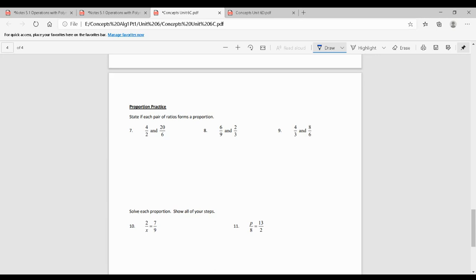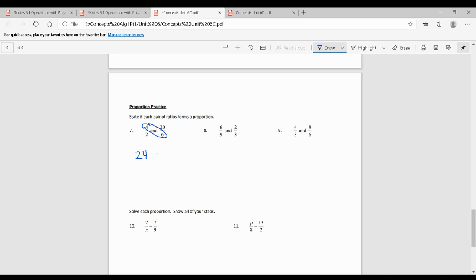So what are we going to do? Does anyone know how to determine if 2 ratios are actually equal to each other? And stay with me even if the bell rings. Cross multiply and divide. So if I cross multiply 4 times 6, what's 4 times 6? 24.